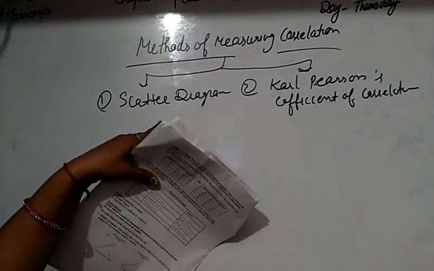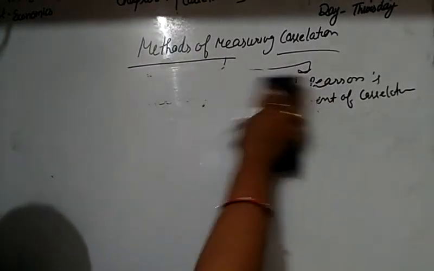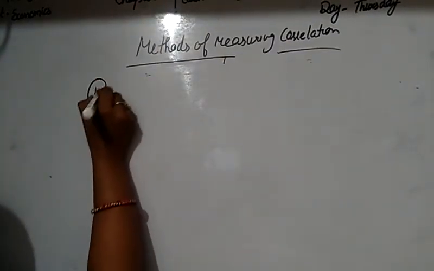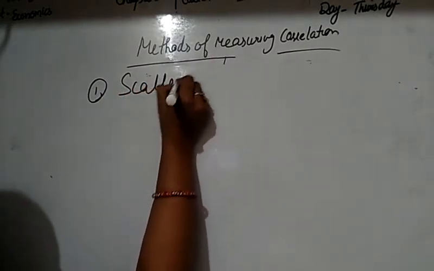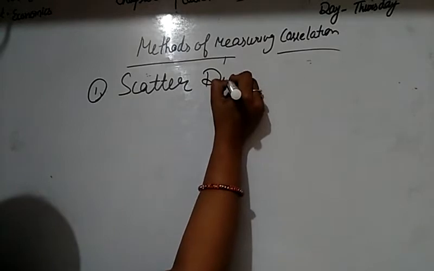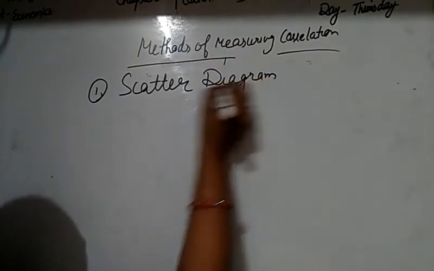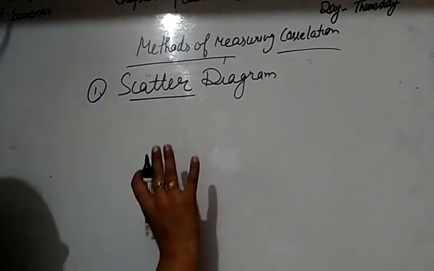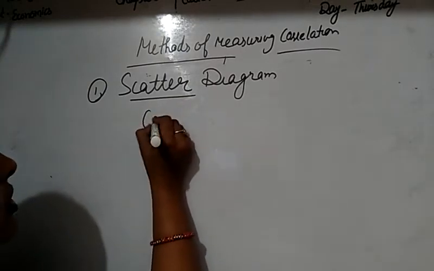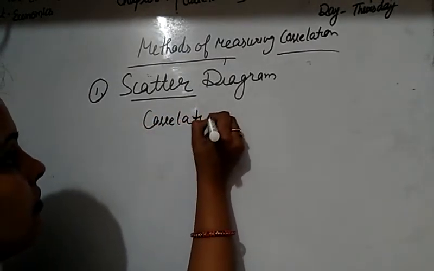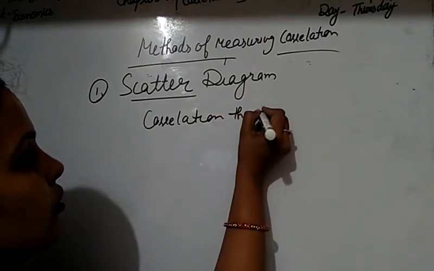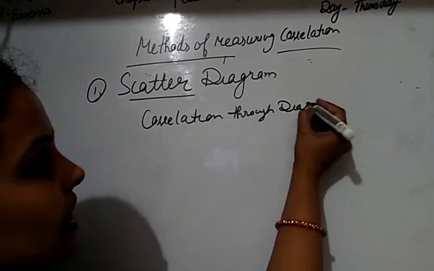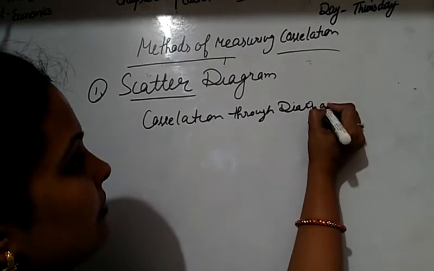So first we discuss the scatter diagram. So students, scatter diagram is a method of presenting the correlation through diagrammatic presentation, depicting correlation between two variables diagrammatically.